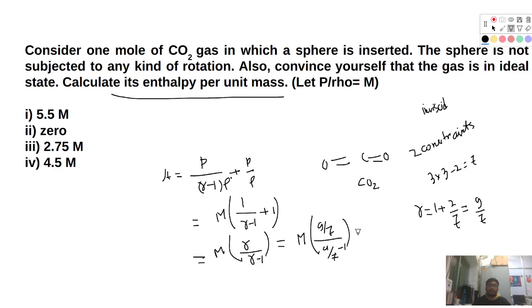So you will find out what 9 by 2m is, which is 4.5 m. So this is 4.5. So depending upon the structure of the molecule, the gamma will change, and how it is changed, that is discussed.